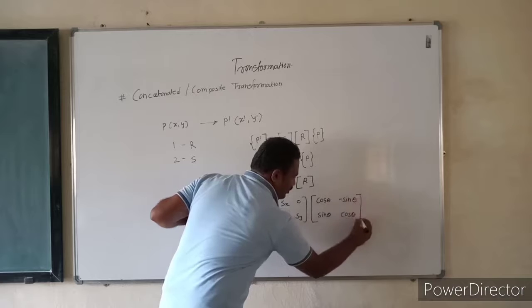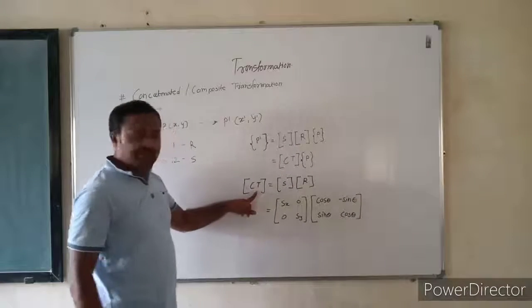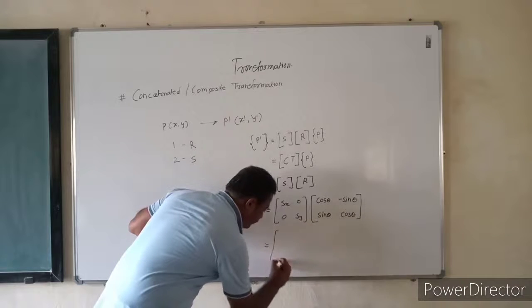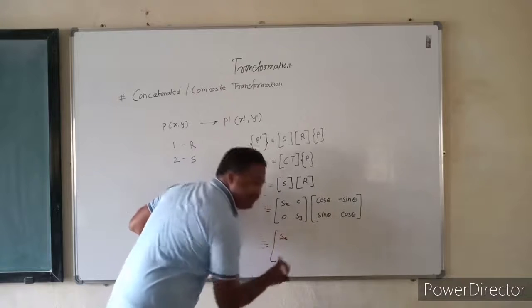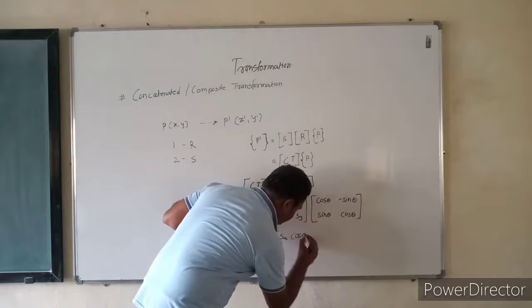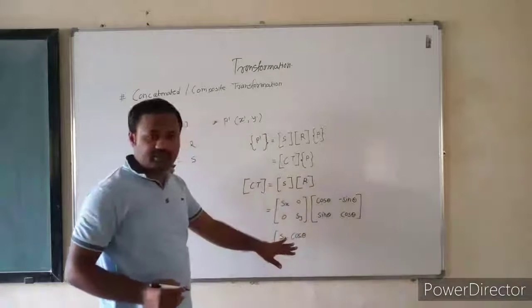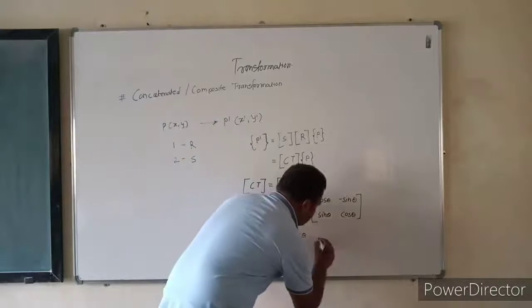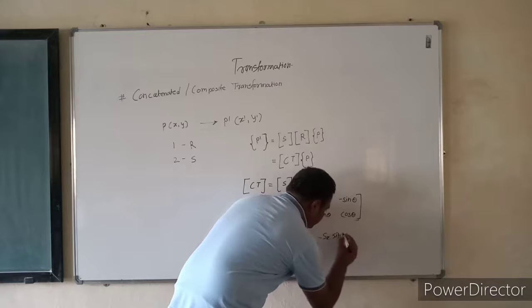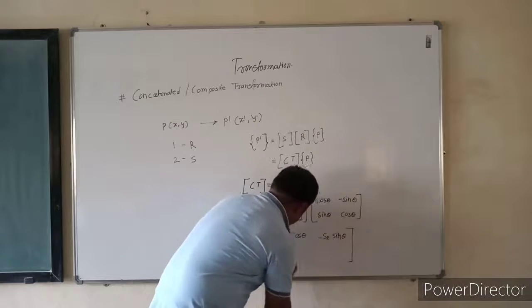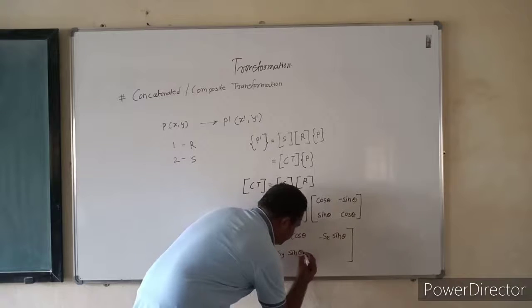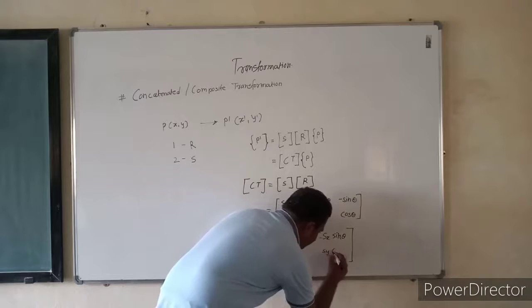Then CT becomes Sx cos theta, minus Sx sin theta, Sy sin theta, Sy cos theta.